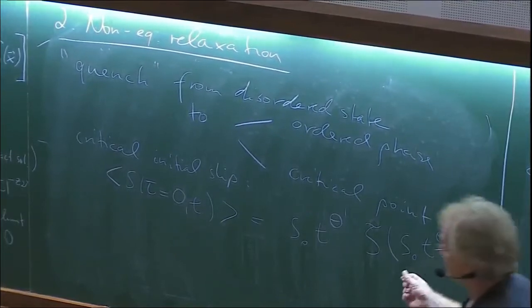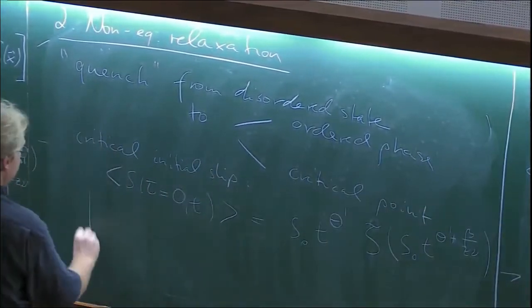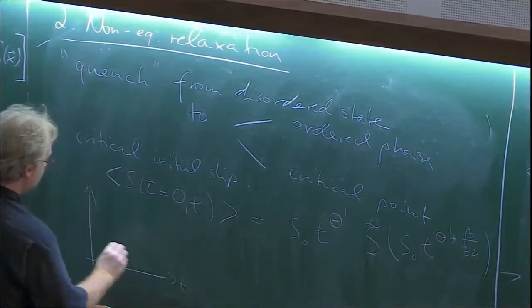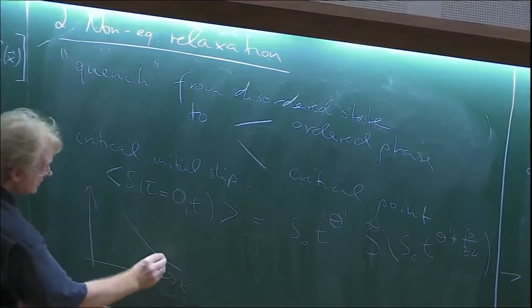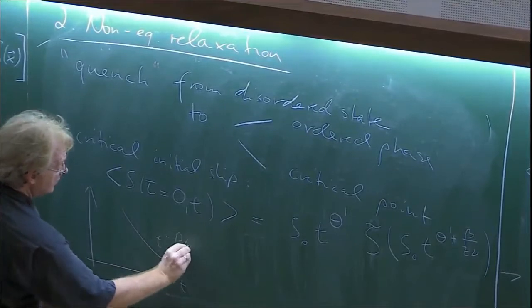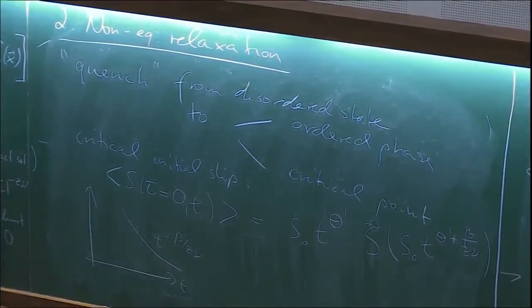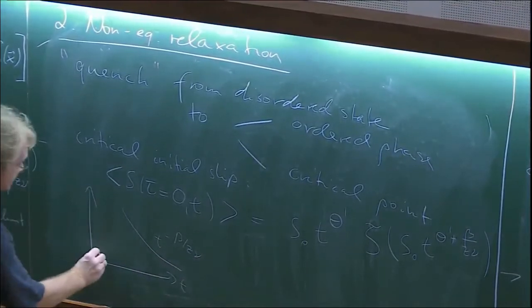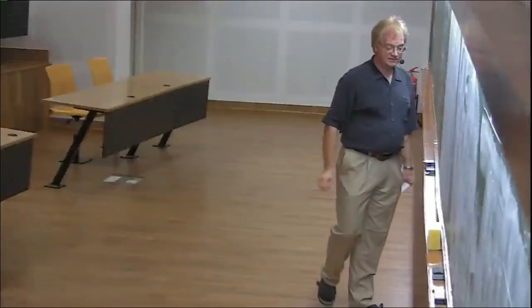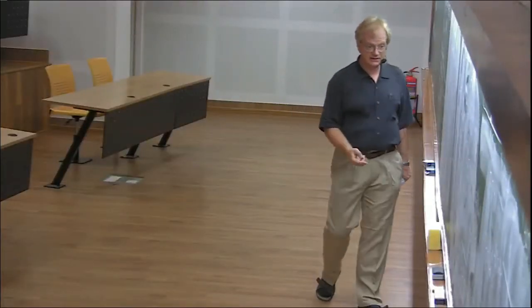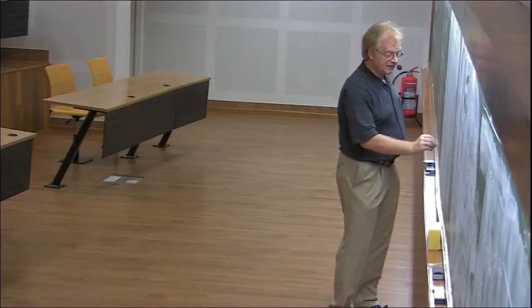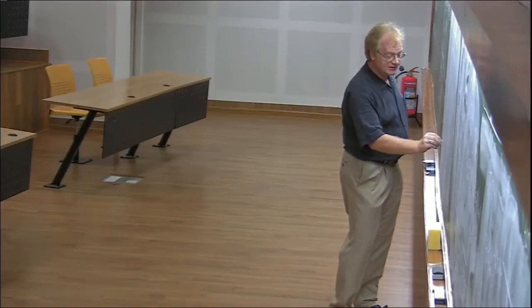What this scaling function describes is what's called critical initial slip. As a function of time, at large times I would get this power law decay that we discussed already. At small times, if I start with some value close to 0 but not quite 0, I would get a growth, and this is this t to the theta prime.